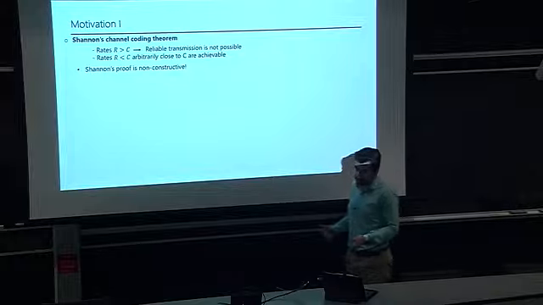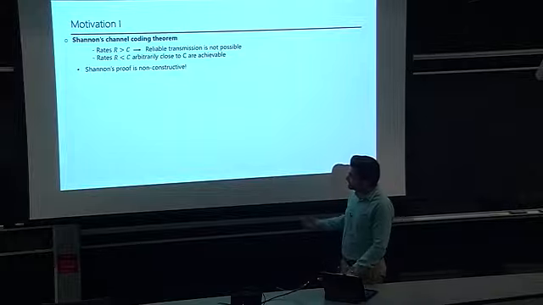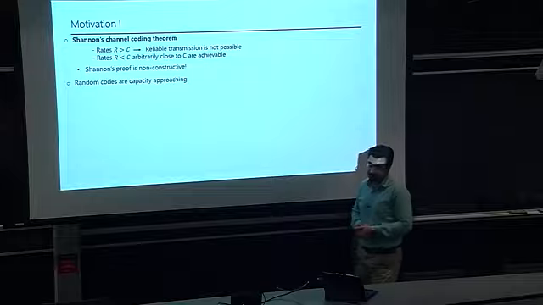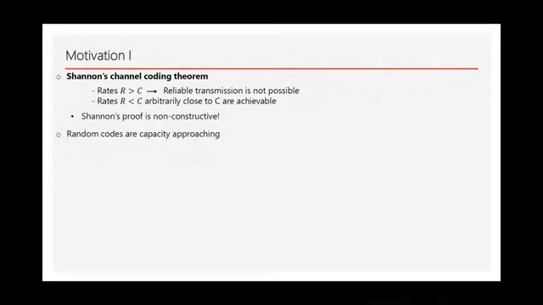In fact, implicitly, his proof shows that random codes are capacity approaching. But still, it's not going to be useful because in order to use codes, we need to be able to do the encoding and decoding efficiently.